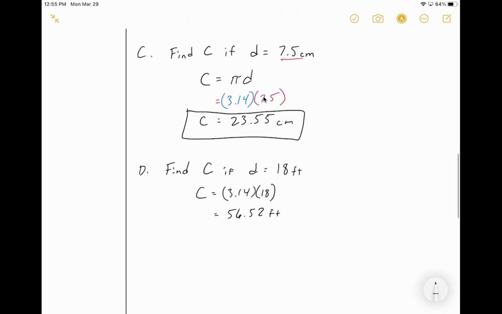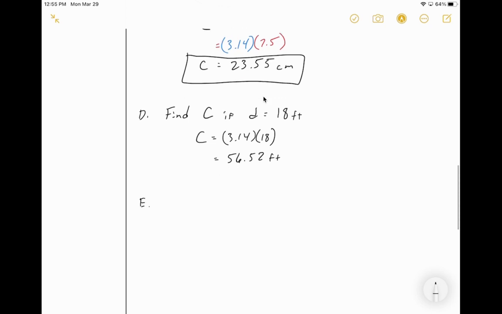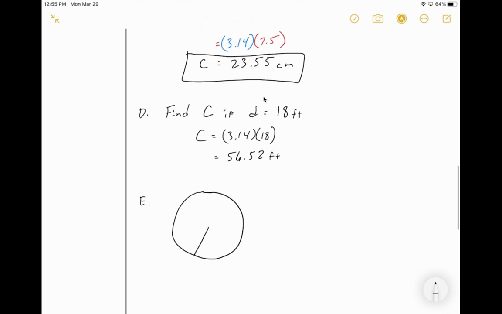Awesome. All right. How about this one? A little bit more challenging. Find the circumference for this one.